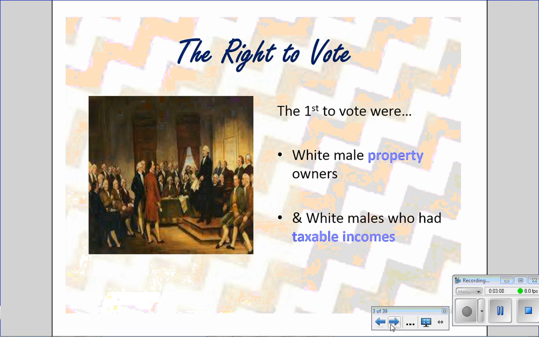In 1856, so almost 100 years after the country started, the vote expanded to all white men. So still in 1856, only white men could vote.